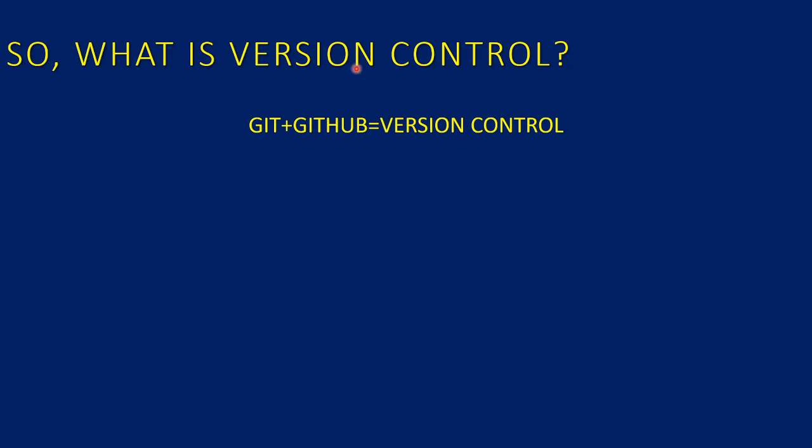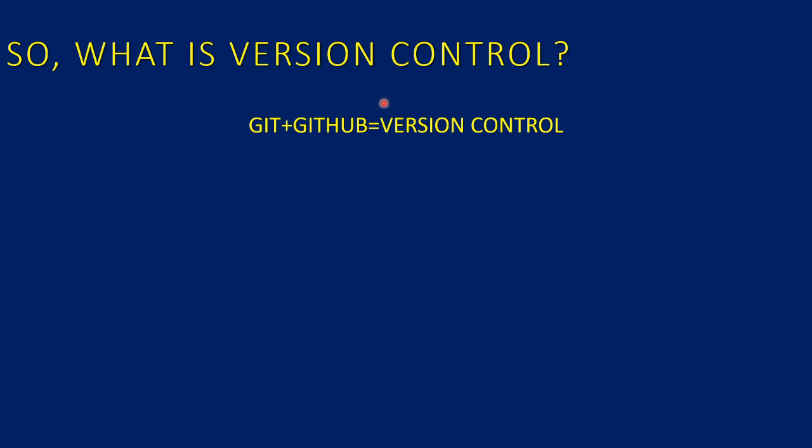So what's version control? Version control is just a mix of the two. Git and GitHub equals version control. When you monitor changes made to your file using Git, and then you upload them to GitHub, and the next time you make changes, you put them to GitHub again, it means you have the history of everything.